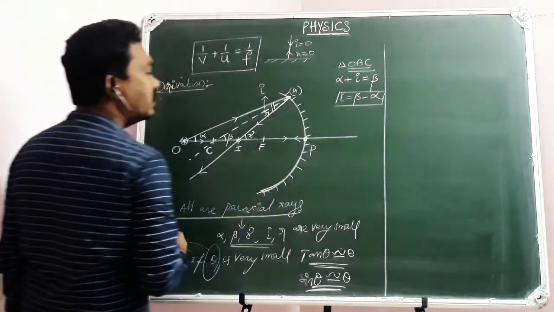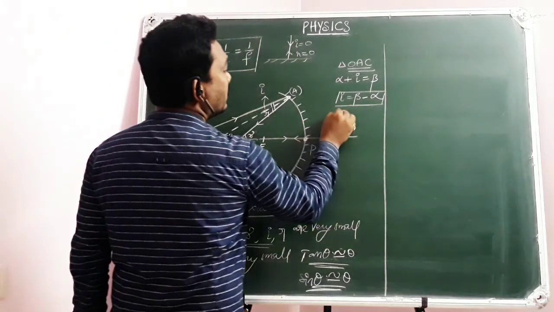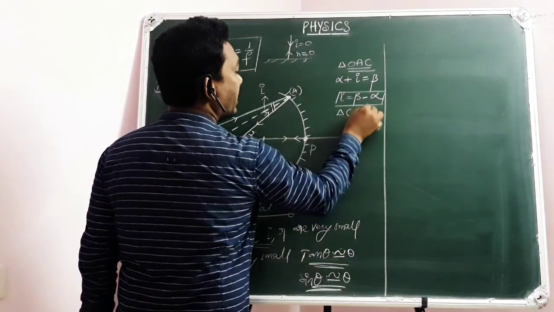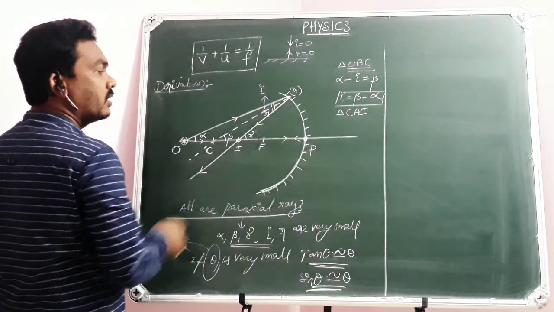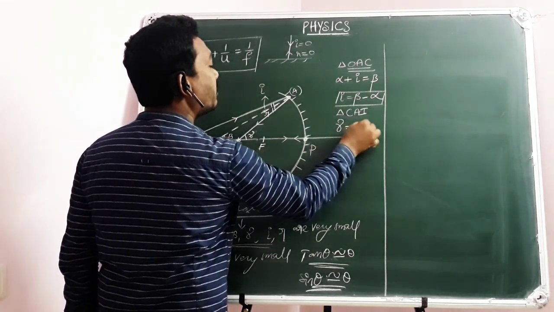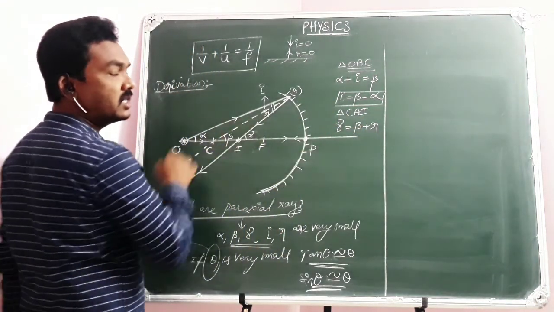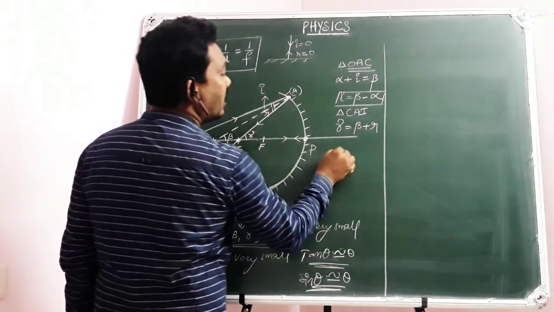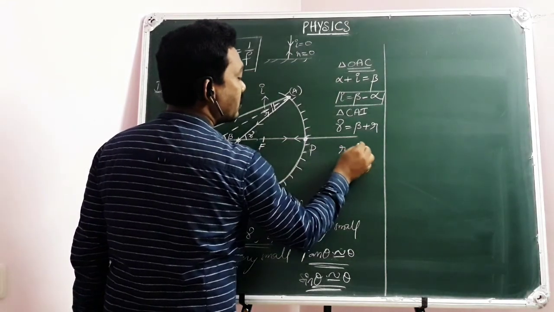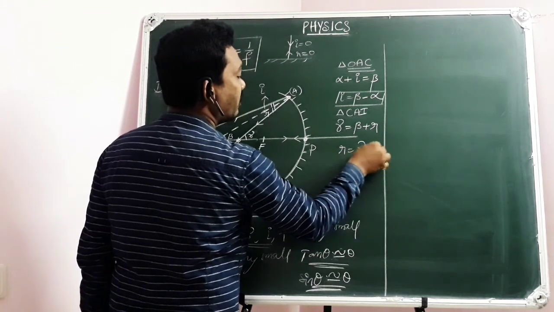Next, in the triangle CAI, gamma is the exterior angle, so I can write gamma is equal to beta plus r, because the exterior angle will be equal to the sum of the interior opposite angles. Then r equal to gamma minus beta.